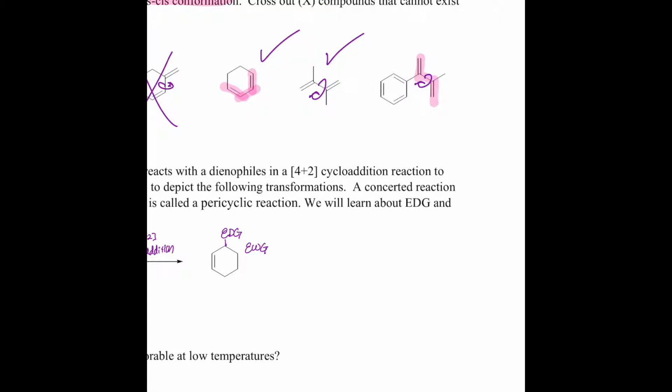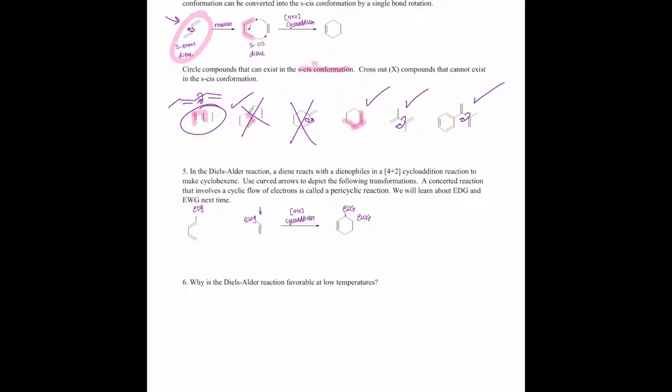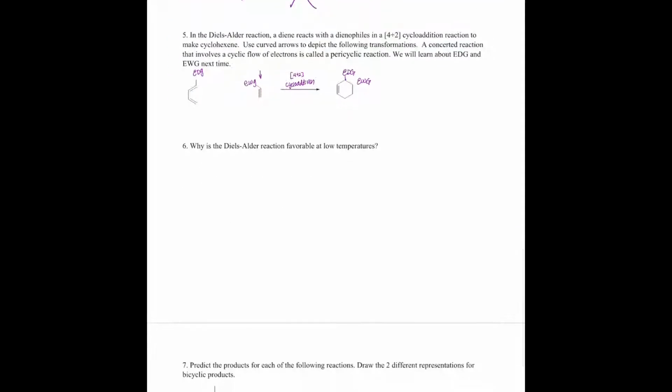This little ring doesn't bother the rotation of this sigma bond on the side. Okay, this one can rotate. So this one can definitely turn into a cis, and this definitely can participate in Diels-Alder reactions. So among these 6, only 2 don't work, and that's the second and third one.